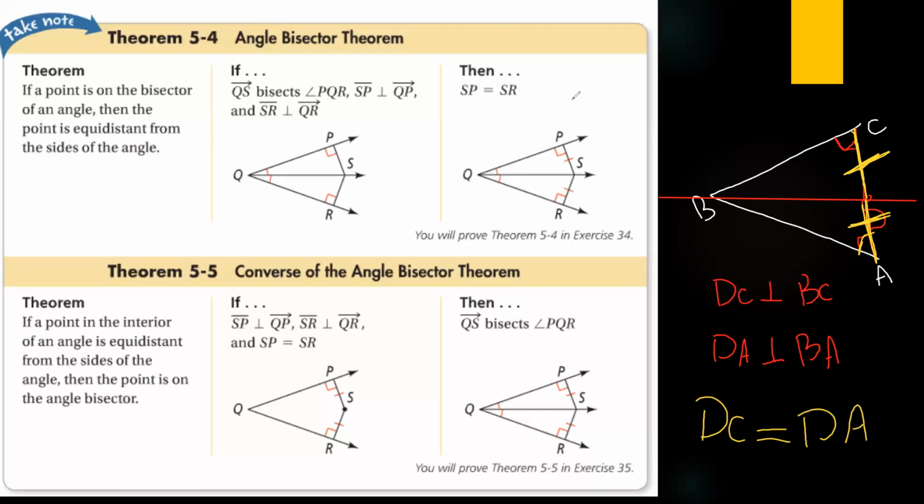This is our angle bisector theorem. Is it clear?